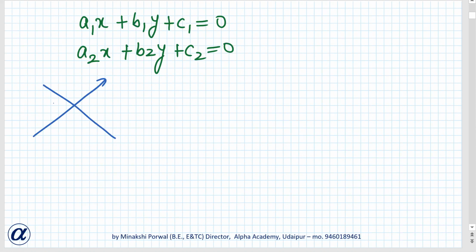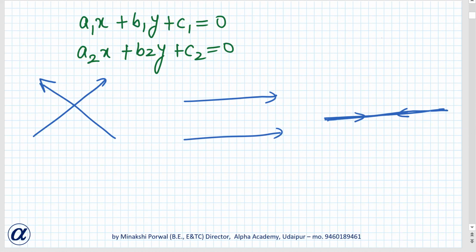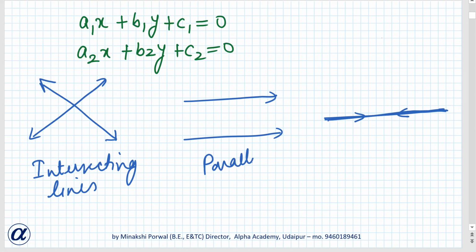These two lines can be either intersecting, or parallel, or coincident. Coincident means both lines lie one on top of the other. These are intersecting lines, these are parallel lines, and these are coincident lines.